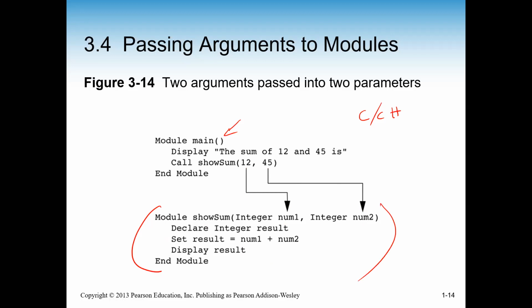It is only a placeholder. It's like saying, I'm going to put something there, I just don't know what. Once you put 12 here and 45 here, this will have a 12 and this will have a 45 because they're the same variables, and then you'll be able to do the operation.